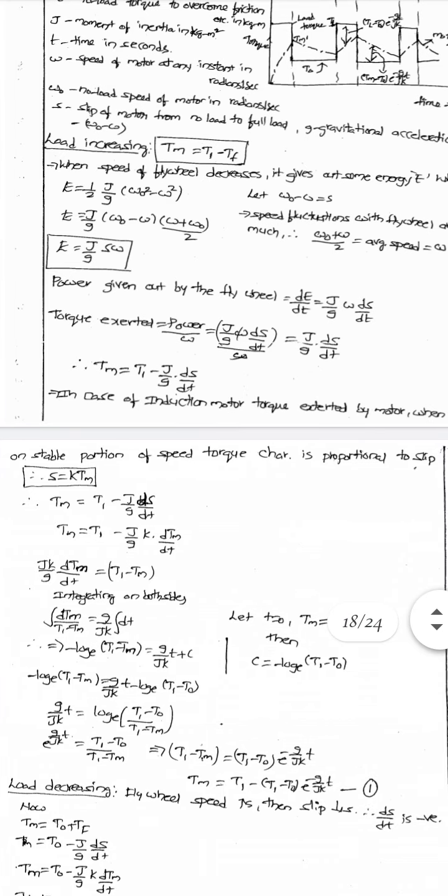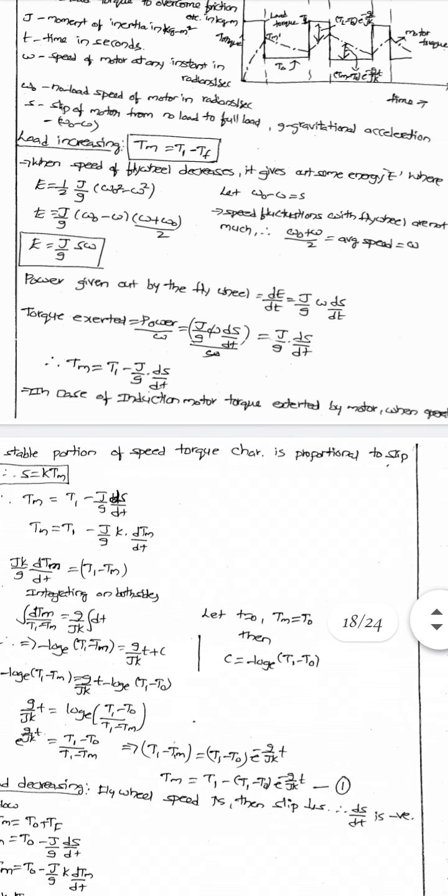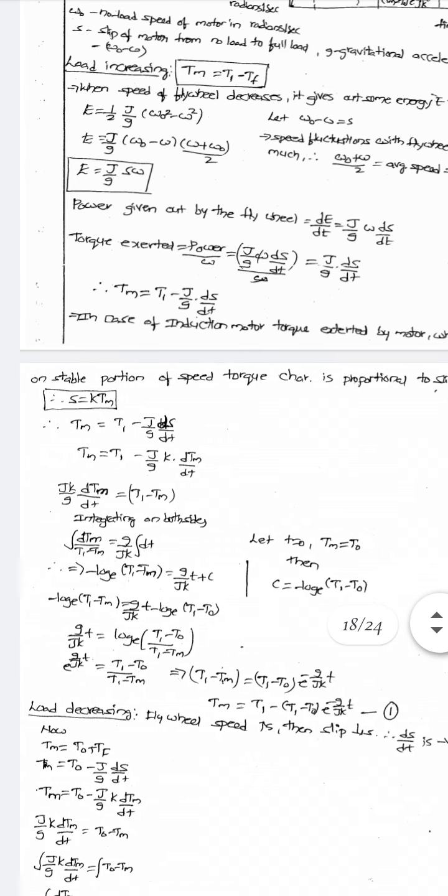In case of an induction motor, torque is exerted by the motor. The portion of the speed torque characteristic is proportional to slip, that is S is equal to K Tm. Next we substitute this value in our original equation.